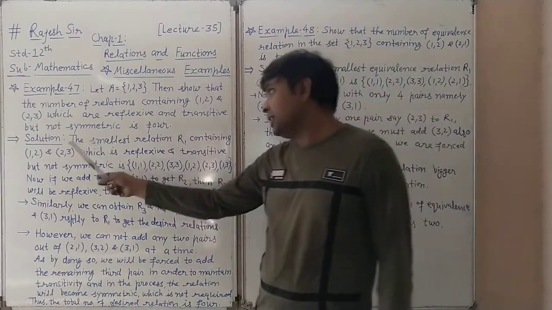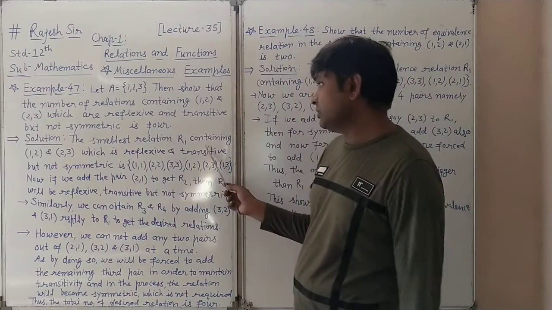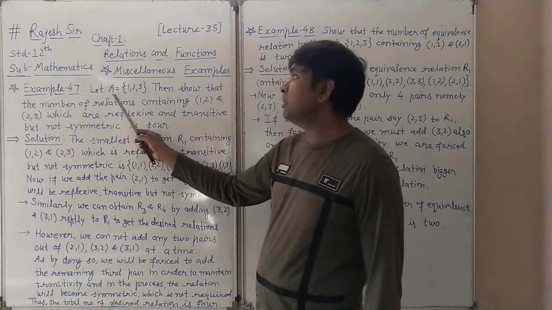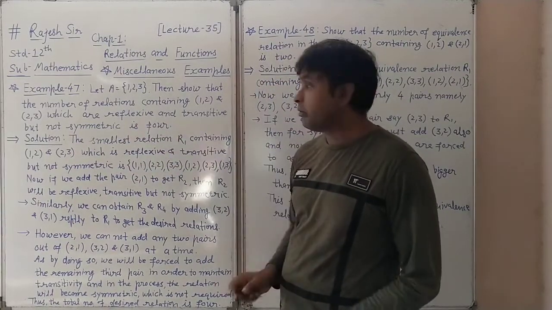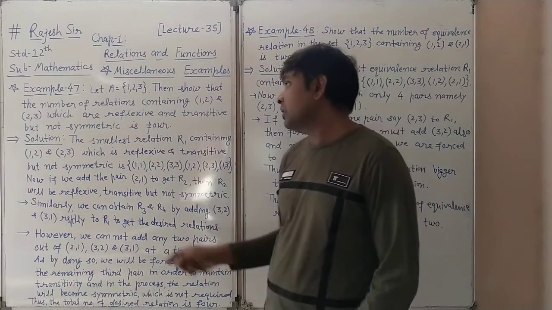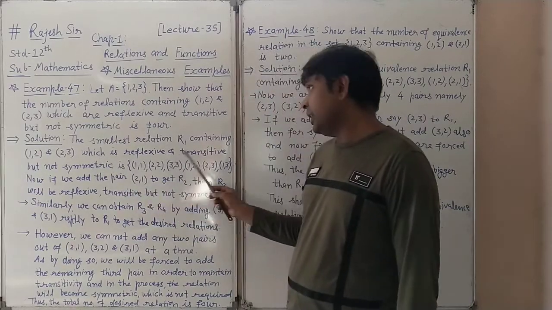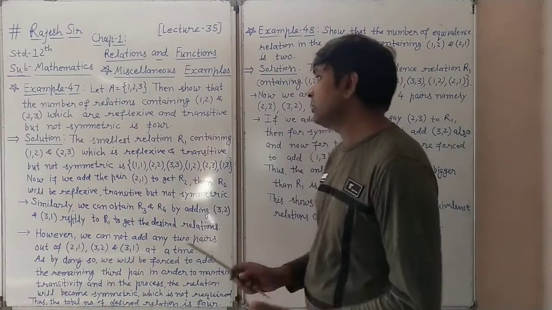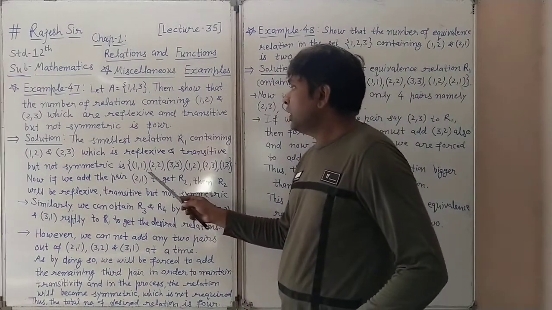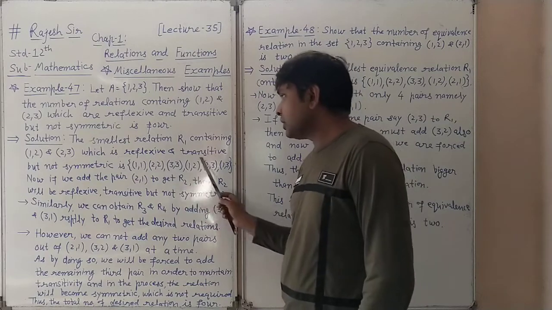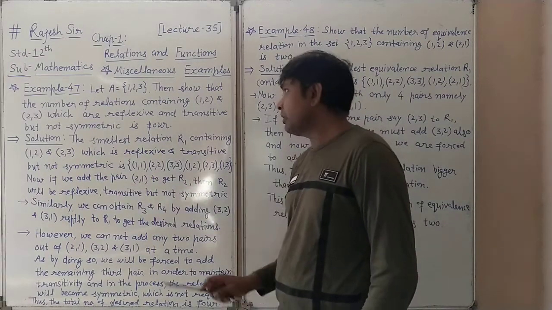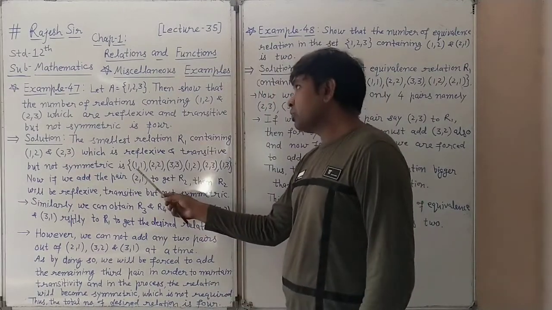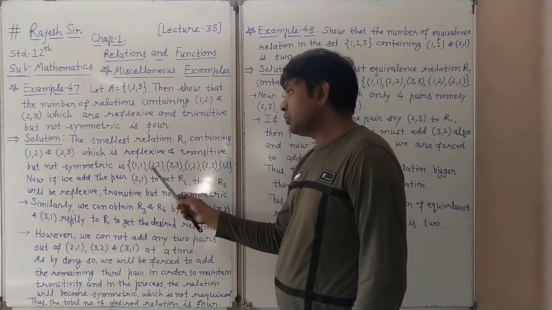So in the solution we will see the smallest relation R1 containing (1, 2) and (2, 3), defined on {1, 2, 3}. It should be reflexive and transitive but not symmetric. So we write the pairs: (1, 1), (2, 2), (3, 3).